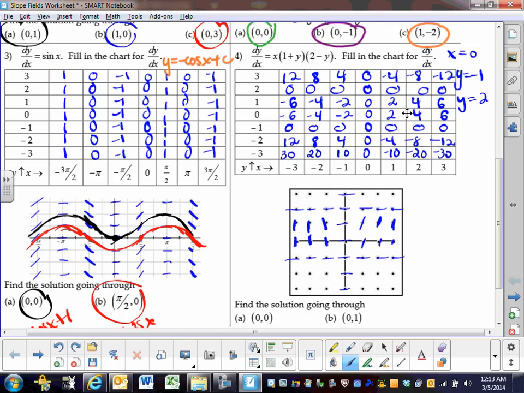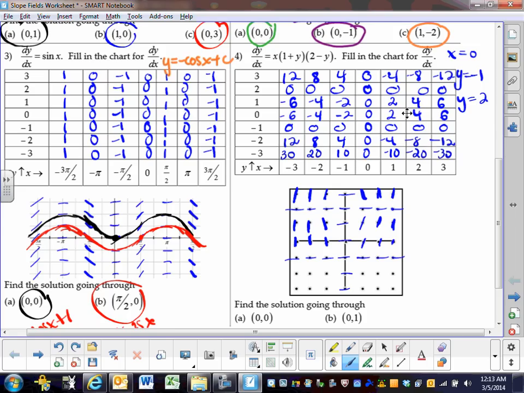And if we look above and below, we have a slope of 12, 8, 4. So on the other side we have 12, 8, 4, and negative 4, negative 8, negative 12.